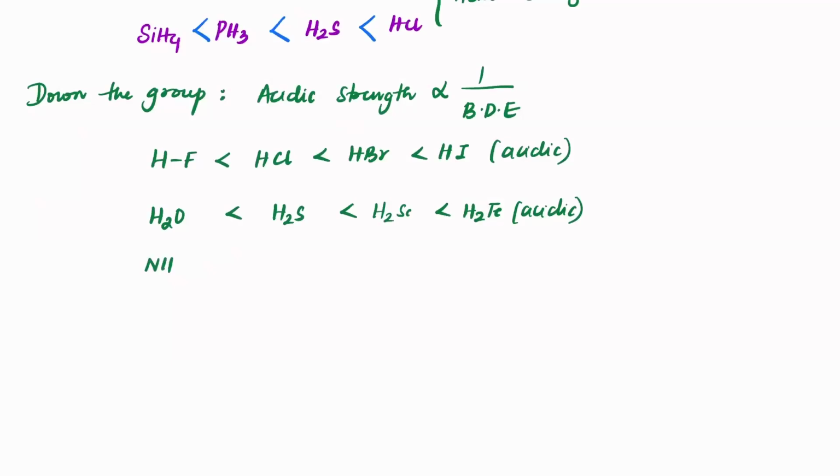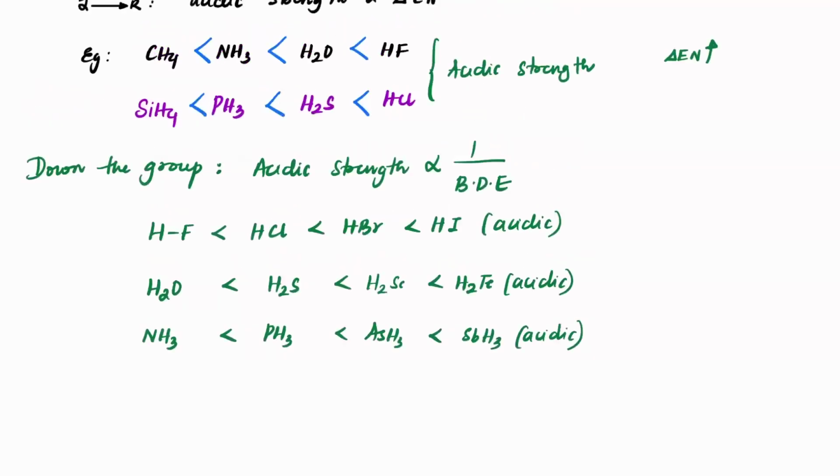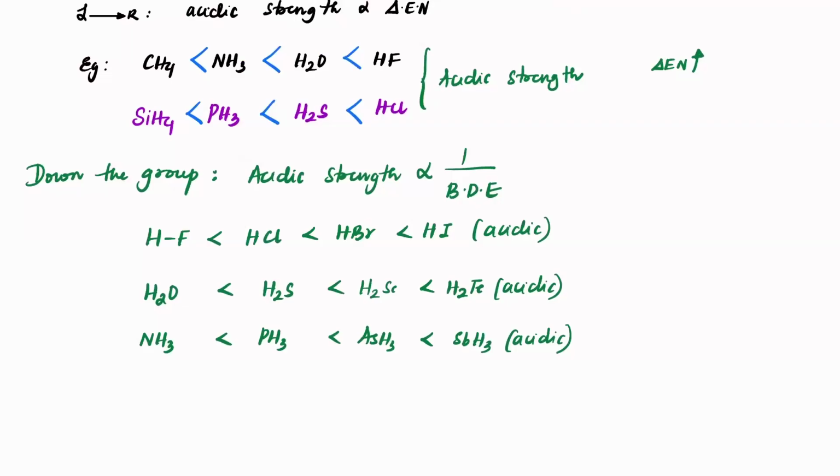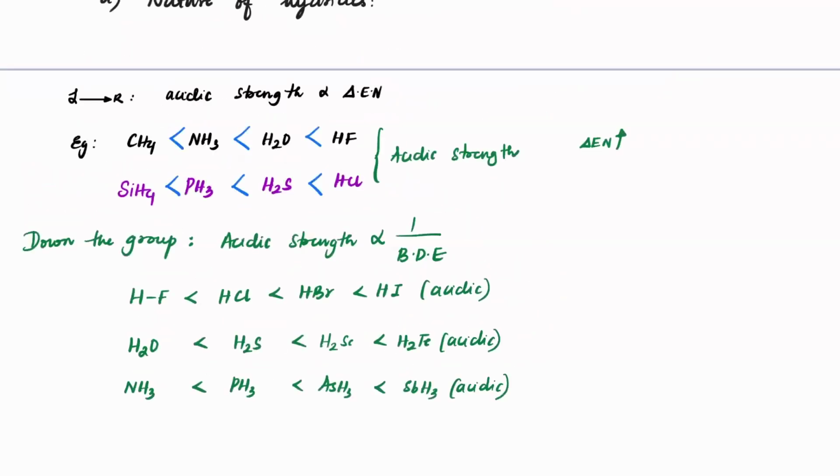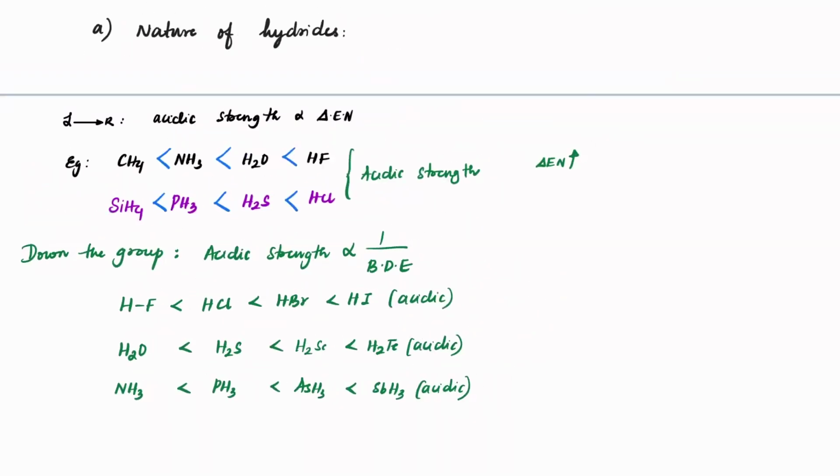If you notice, ammonia is lesser than PH3, lesser than AsH3, lesser than SbH3. These are all from the groups here. Done? Right, guys.